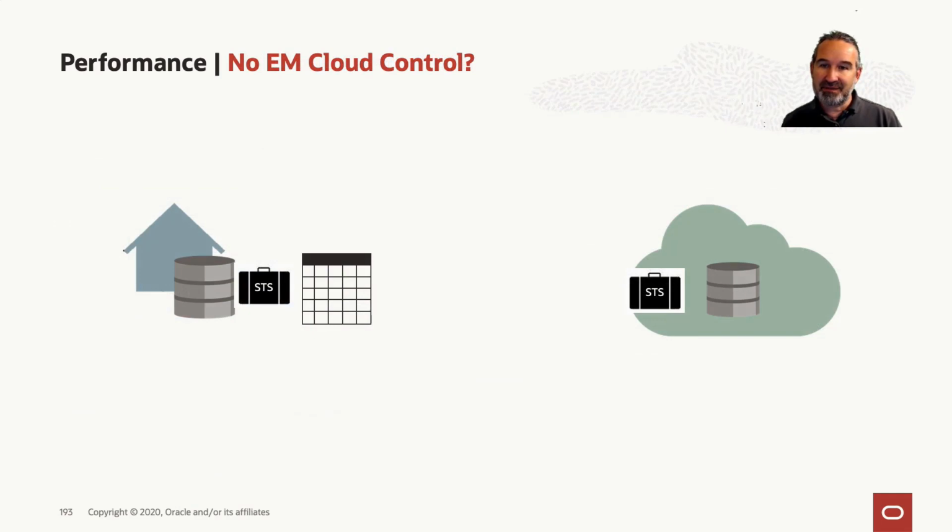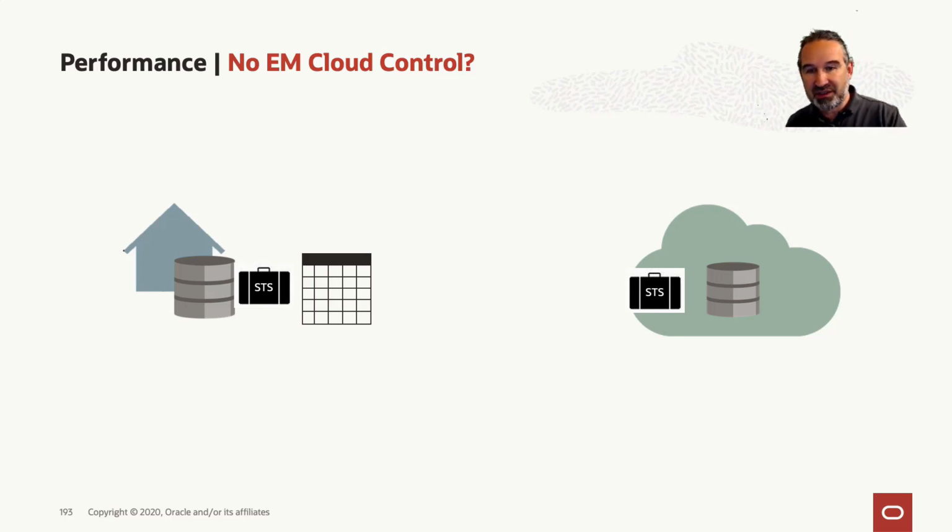So the idea is, and if you have no EM Cloud Control, but EM Cloud Control does the same thing in the background, we would collect our statements on premises in a SQL tuning set. So this SQL tuning set here, this gets now all our statements from AWR, or in addition, if you need to, also from the cursor cache.